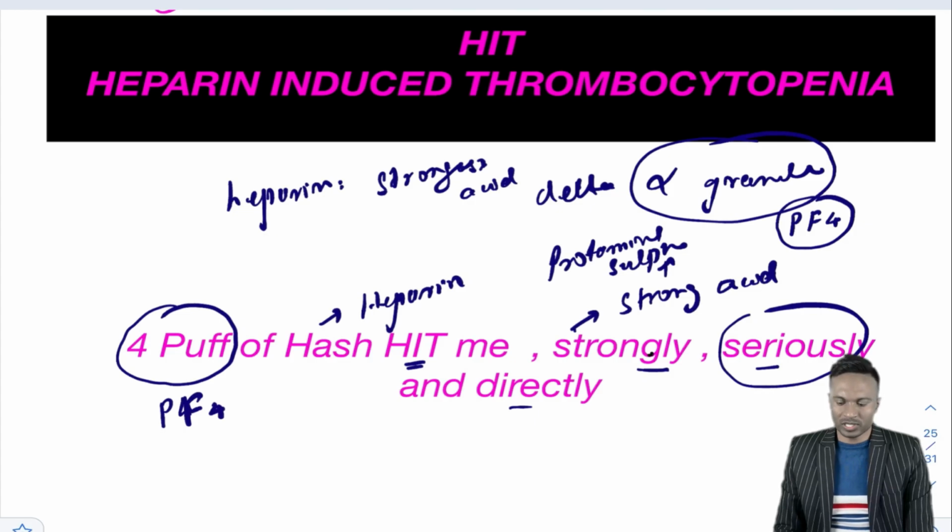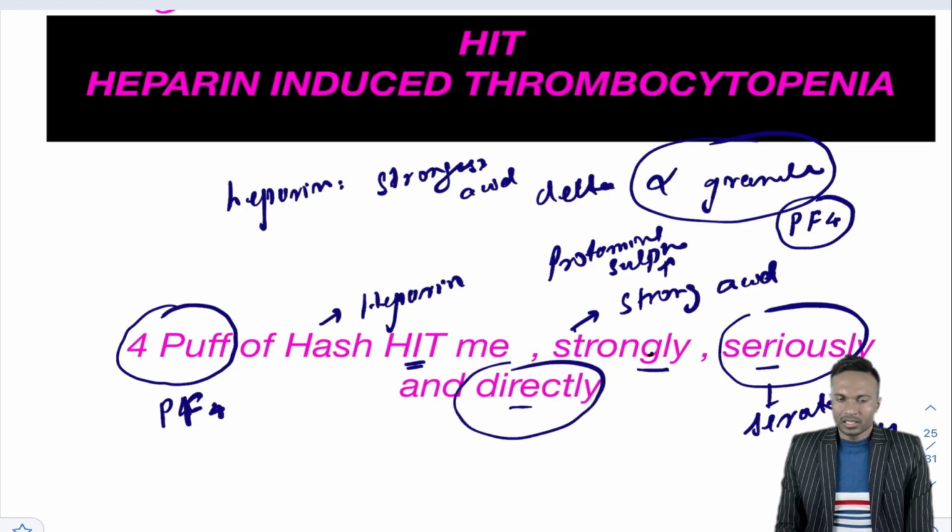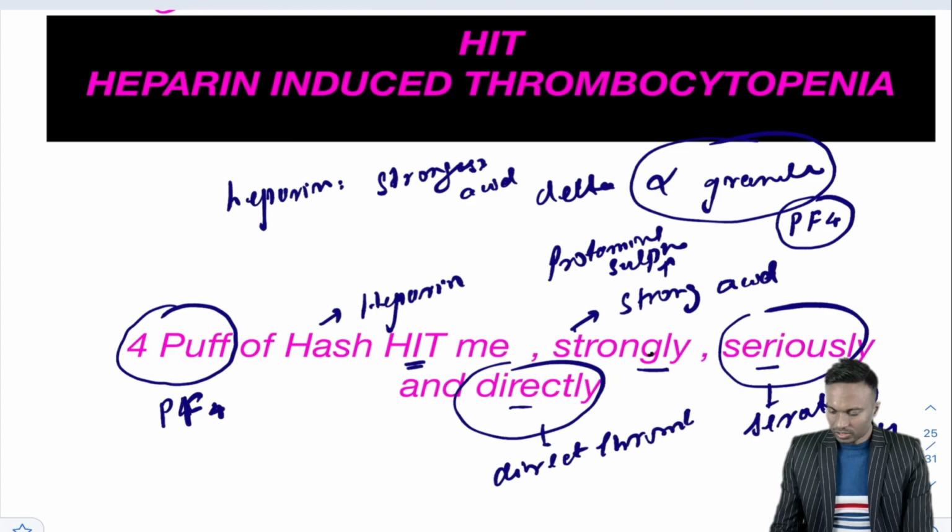Heparin induced thrombocytopenia. You need serotonin assay, right? Directly. If heparin is not being given as patient develops thrombocytopenia, then you need direct thrombin inhibitors.